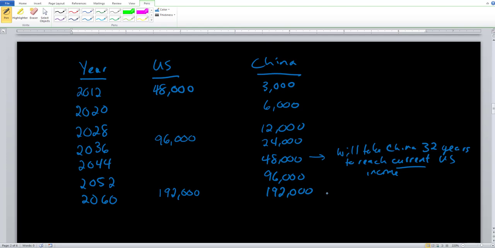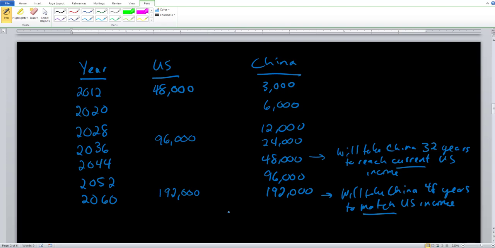So here, it's going to take China 48 years to match US income. Once again, match means in what year are these two incomes exactly the same?